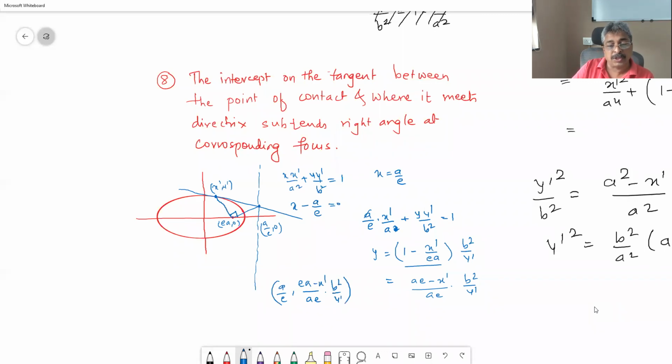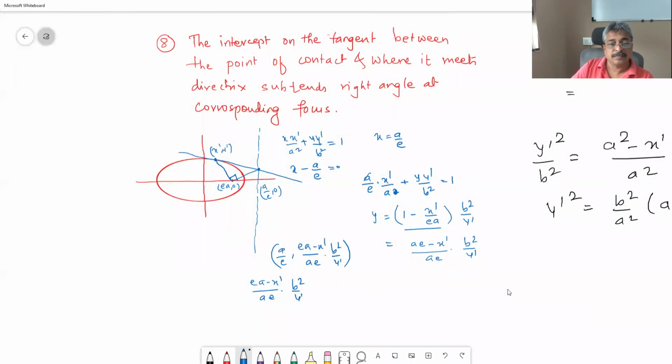Okay, so slope of this is y2 minus y1. So a minus x dash upon ae into b square upon y dash minus 0 divided by a upon e minus ae, multiplied by slope of that line, y dash minus 0 upon x dash minus ae.